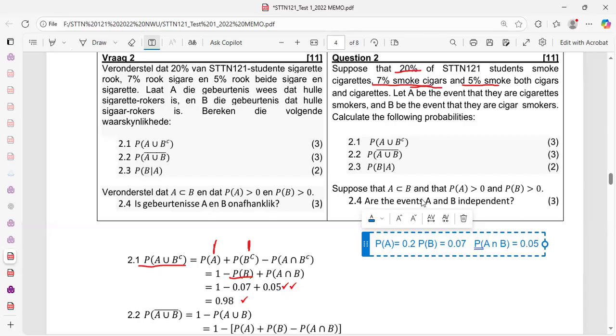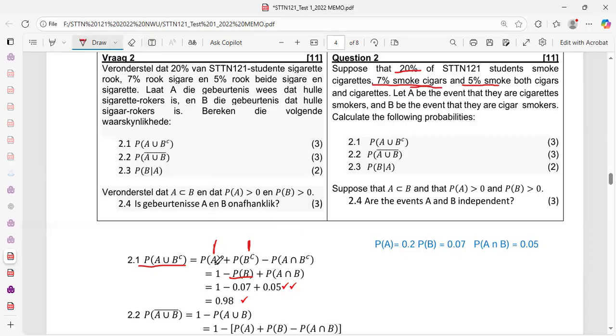All right, now we have our probabilities. I will advise you guys to write it like this so that you can get the answers that you want. When you solve this whole thing, the probability of A plus the complement minus this, you will get 1 minus the probability of B plus the probability of A and B. You know why they got that?